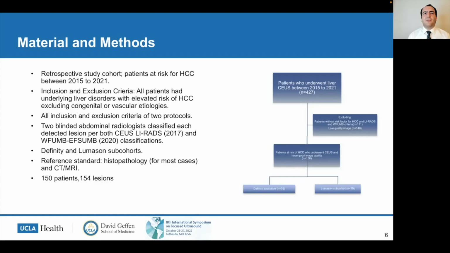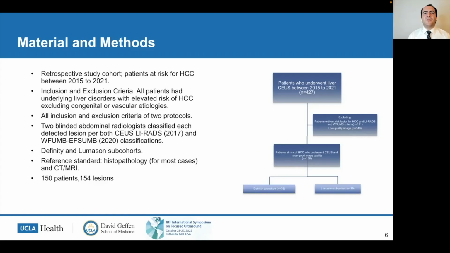Two blinded abdominal radiologists classified each detected lesion per both CEUS-LI-RADS and WFUMB classification. The study cohort was subdivided into Definity and Lumason subcohorts based on the contrast used.